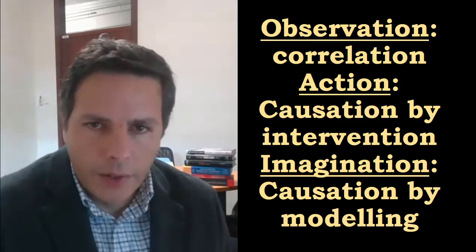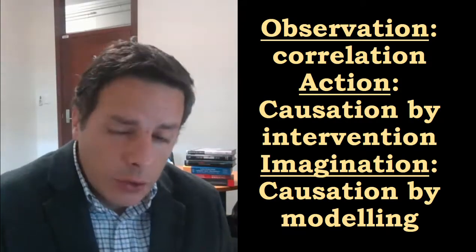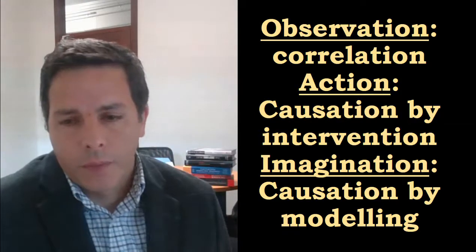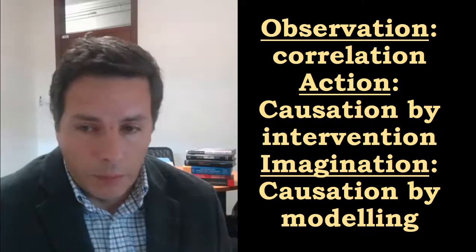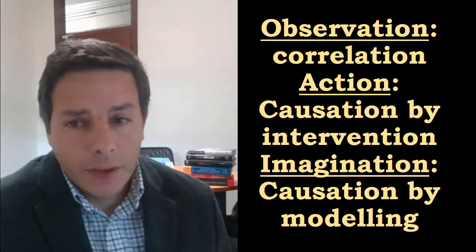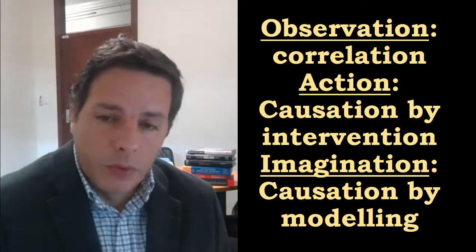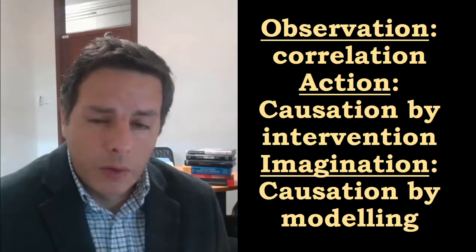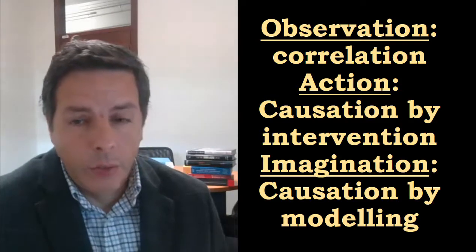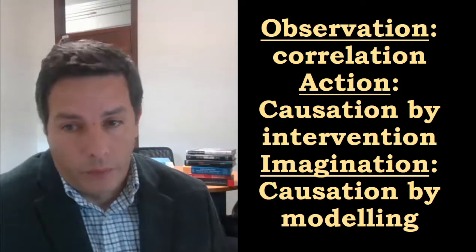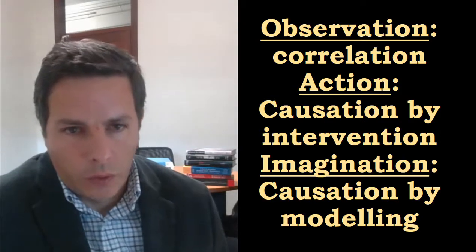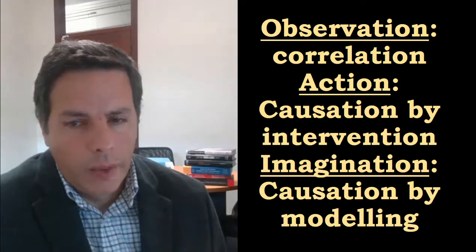So we make an intervention, we apply the medication to some people, and we observe the effect. And if by producing the intervention we observe an effect, for example a reduction of anxiety, then we can say that the medication caused that reduction of anxiety.